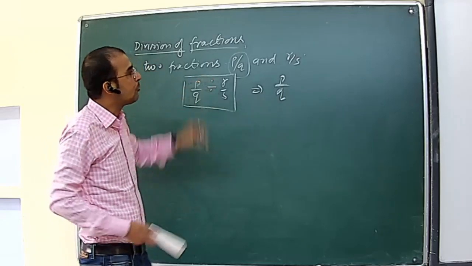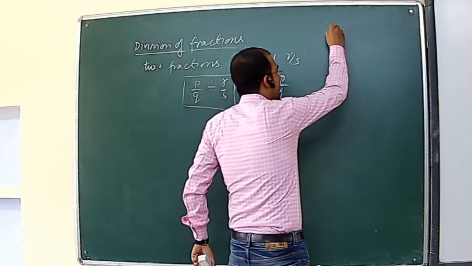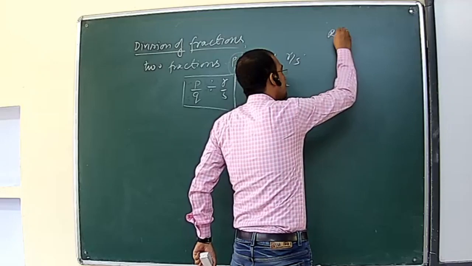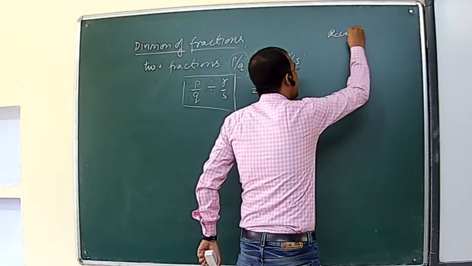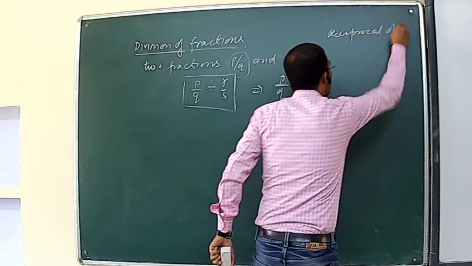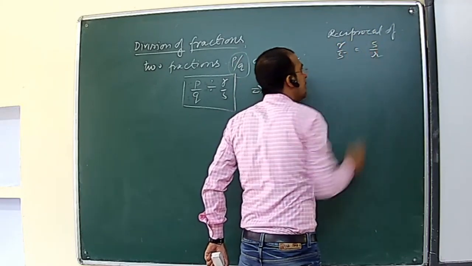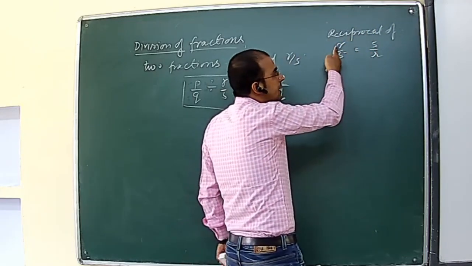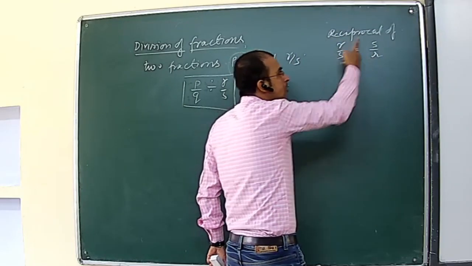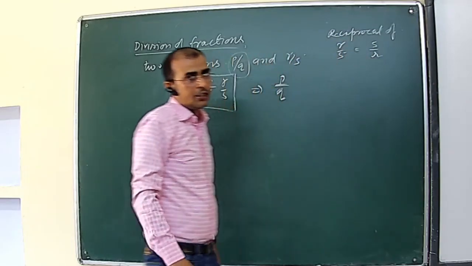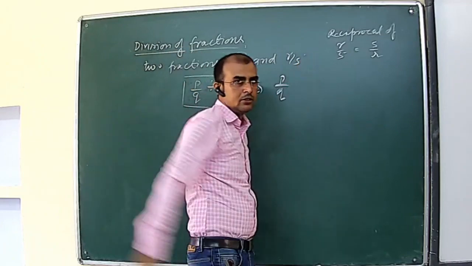Then what will be the reciprocal of the fraction R by S? It will be S by R, because the numerator changes into the denominator and the denominator changes into the numerator; only the places change. Is it clear?